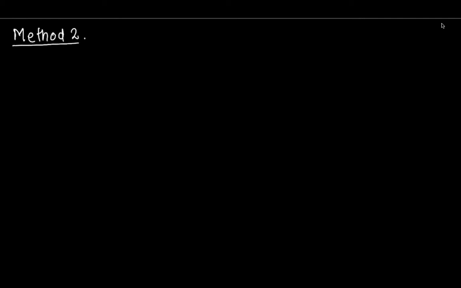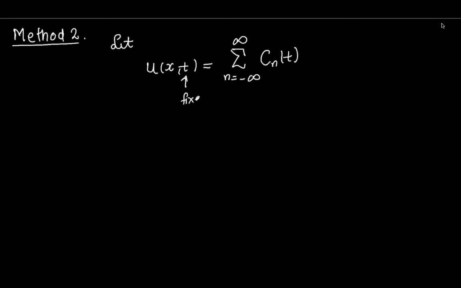In this, I'm going to assume my solution u(x, t) can be written as a Fourier series, with n from minus infinity to infinity, c_n(t). I'm going to assume my function is periodic in x, so for a fixed t, this is a function of x only.